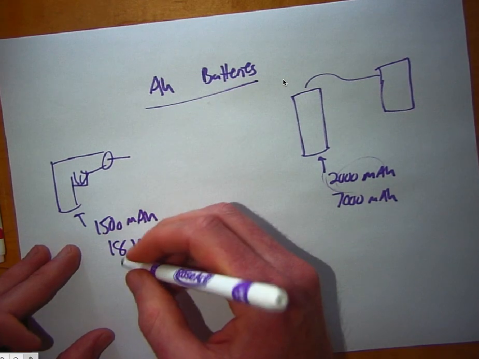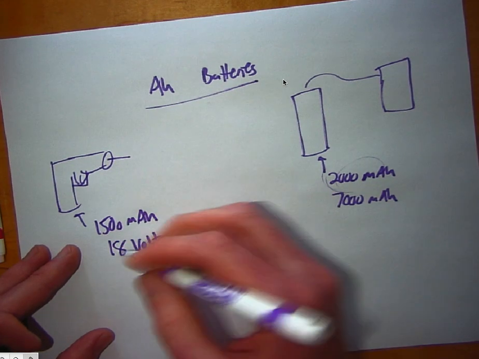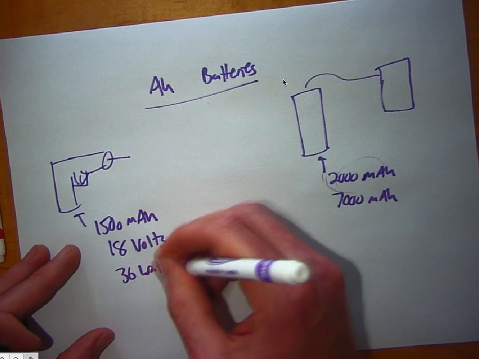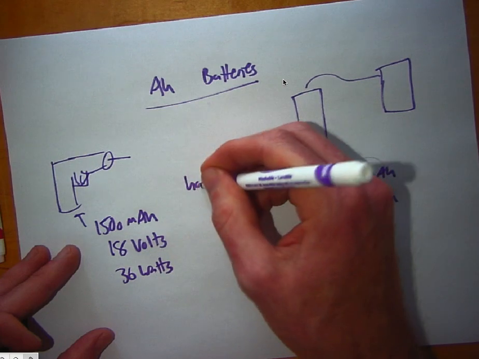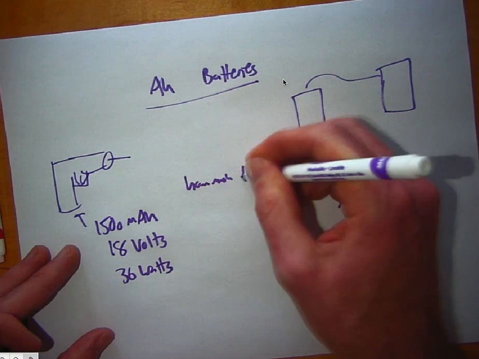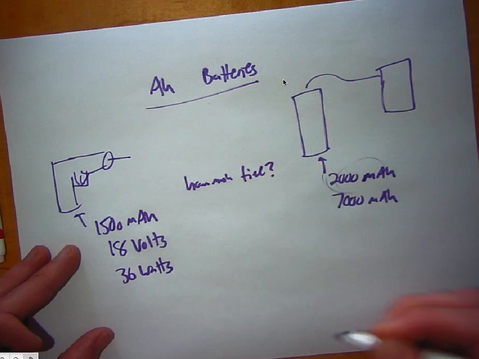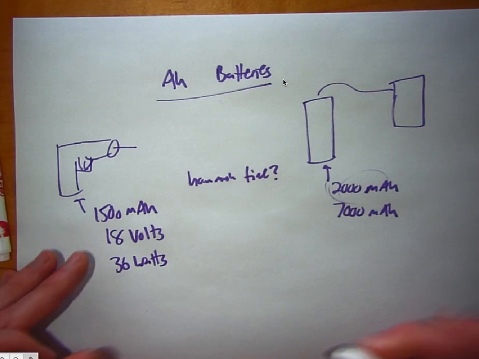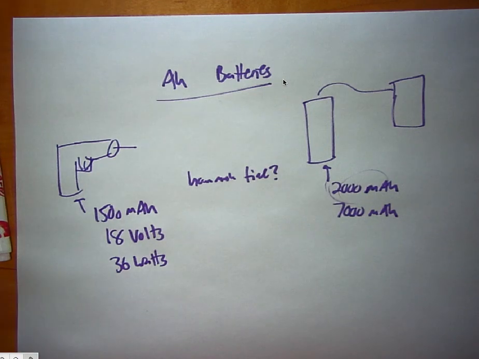And let's also make it 36 watts, just to make the numbers really easy. And I want to know how much time you can use the drill for. Sorry, everything's getting a little bit crooked there. This is not one of my better videos, but anyways.